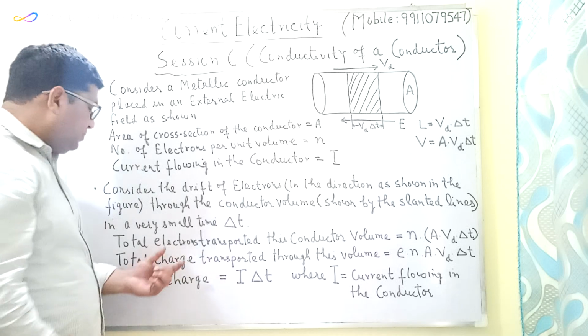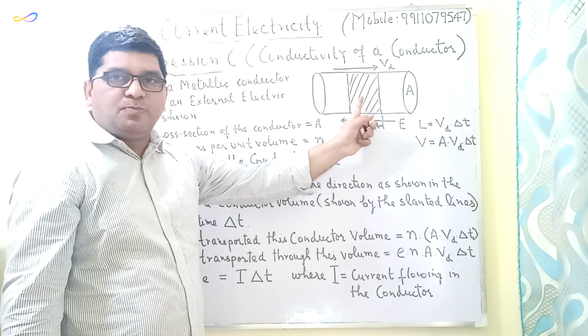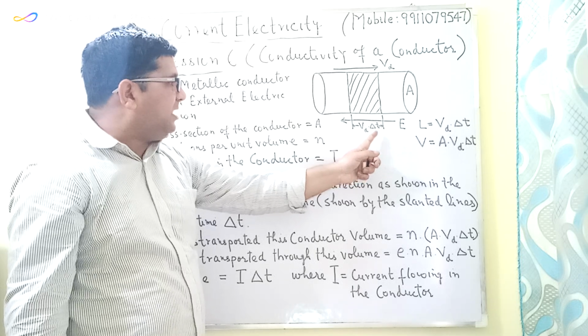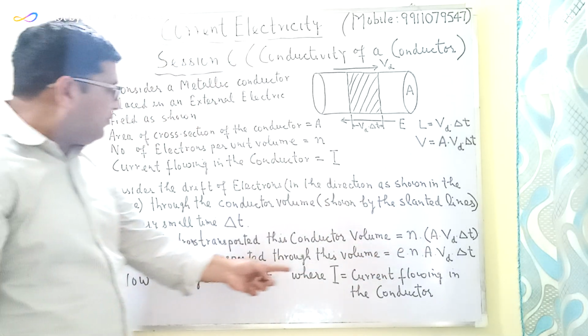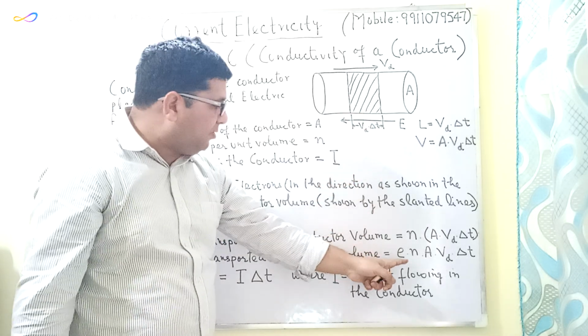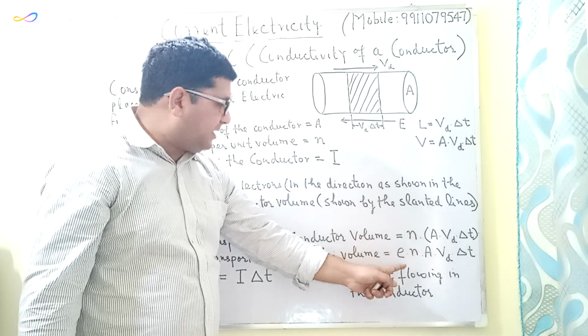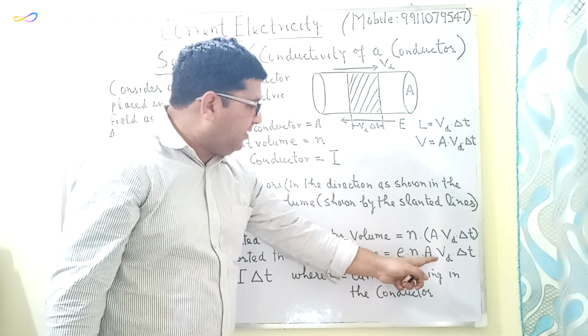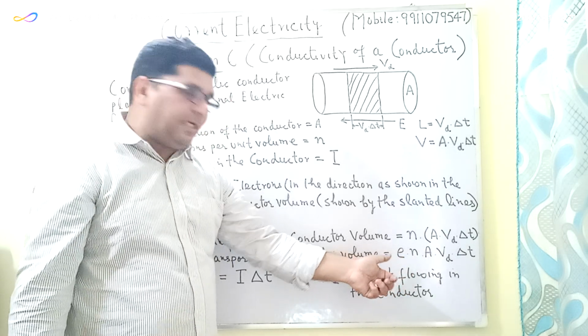The total charge transported through this portion will be equal to this multiplied by e, that is e n A Vd delta t, where e is the charge of the electron.